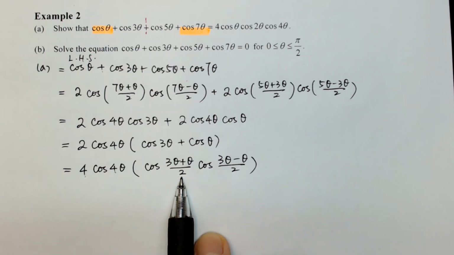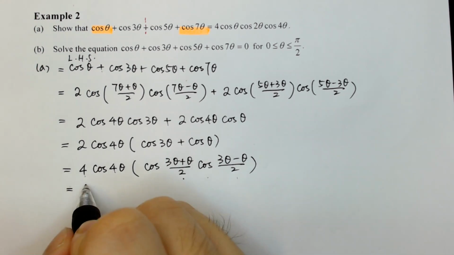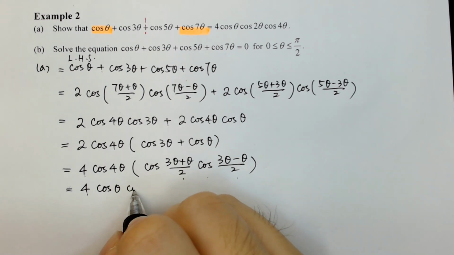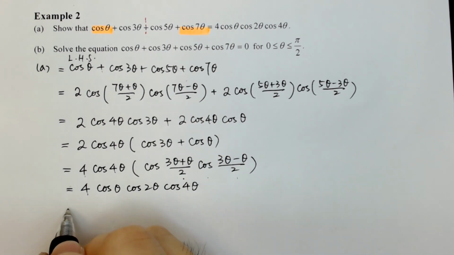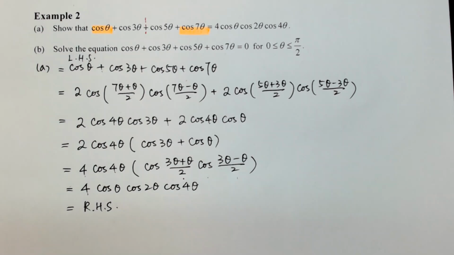By then, you will get cosine 2 theta, cosine theta. And so we have 4 cosine theta, cosine 2 theta, cosine 4 theta, which is the same as the right-hand side.